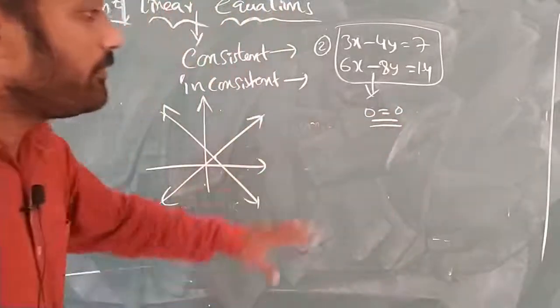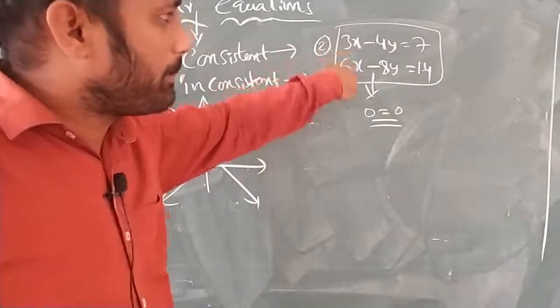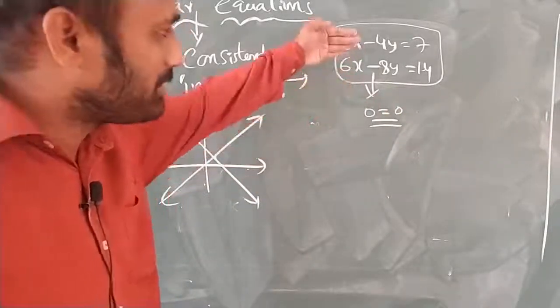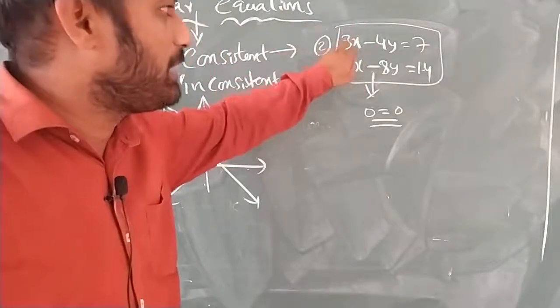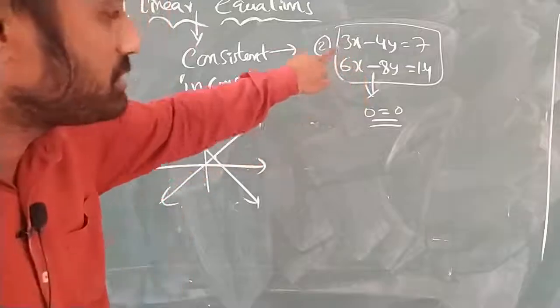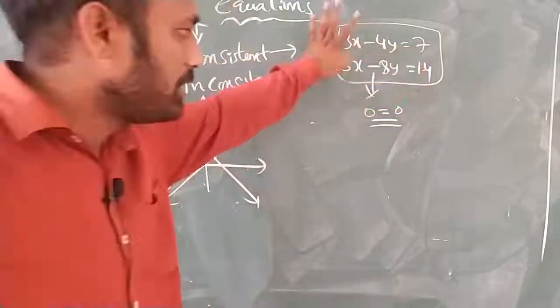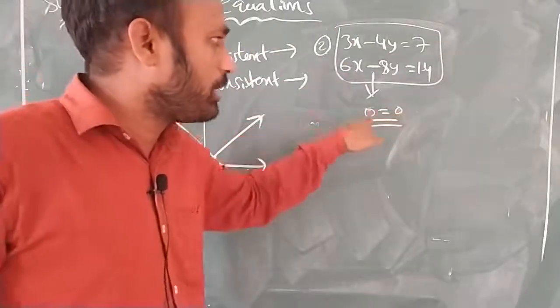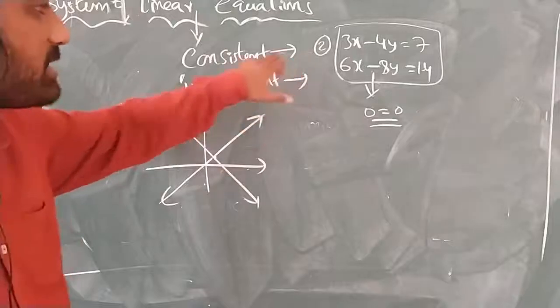It means we will never get the values for this. Why? Because these are the same linear equation, but in the second equation we have multiplied by a scalar number, which is nothing but 2. 3 2s are 6, 4 2s are 8, 7 2s are 14. So we are not even going to get x and y values here. So this is also called consistent.